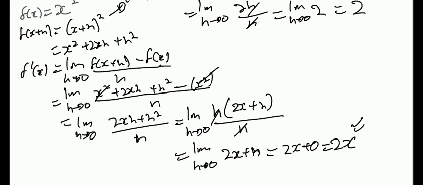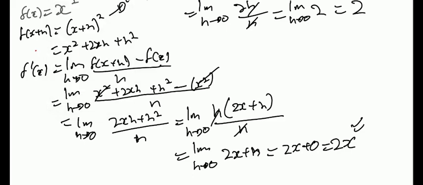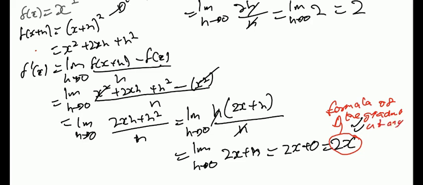That means in this case, if they say calculate the gradient of this parabola at x is equal to minus 1, you are going to use your first principle, and after finding the formula, in simple terms, we can say this 2x is the formula of the gradient at any point in your curve.